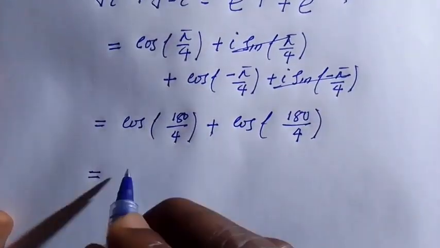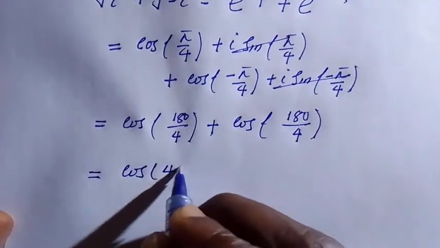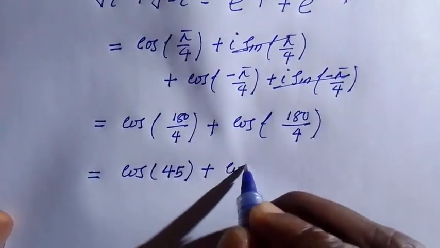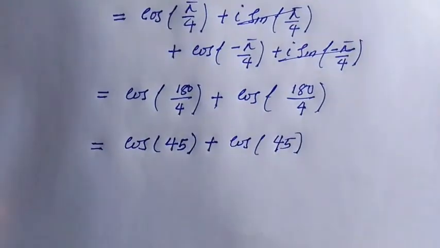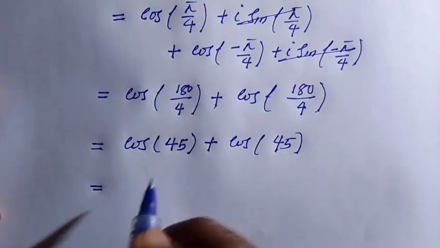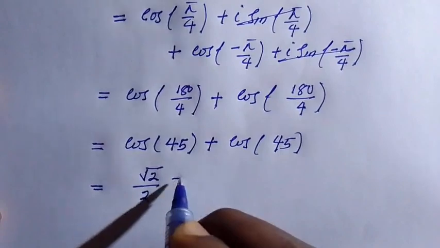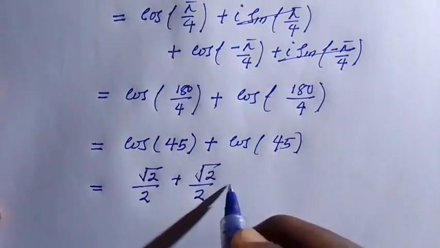Then this equals cos of 180 divided by 4, that gives us 45, plus also this one is cos 45. Cos 45 is square root of 2 divided by 2, plus also this one is square root of 2 divided by 2.